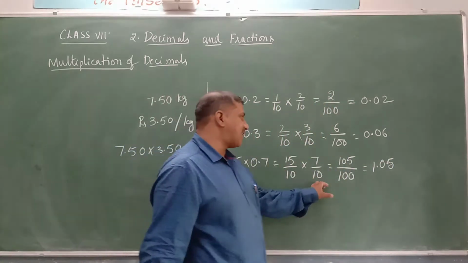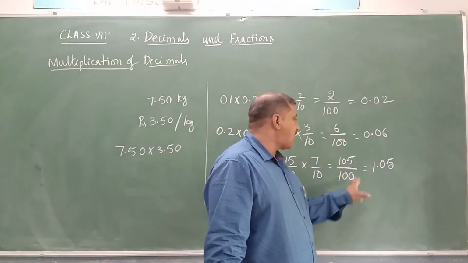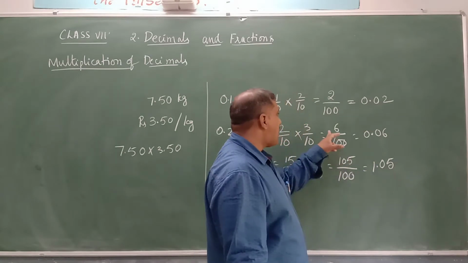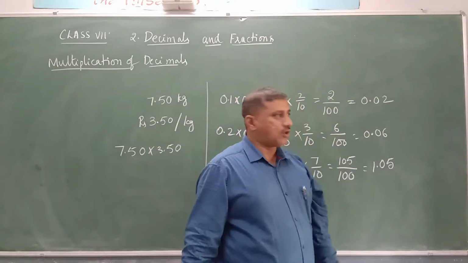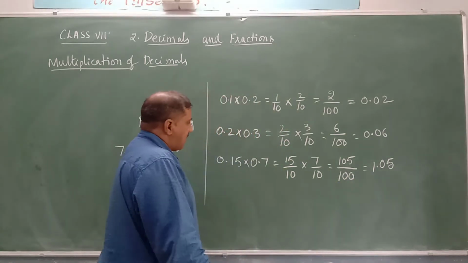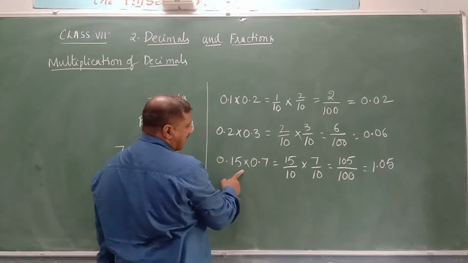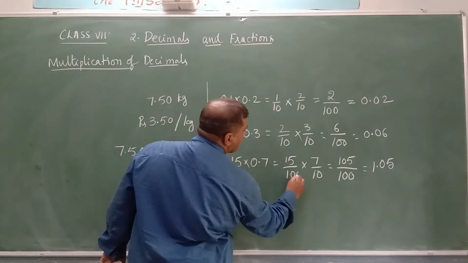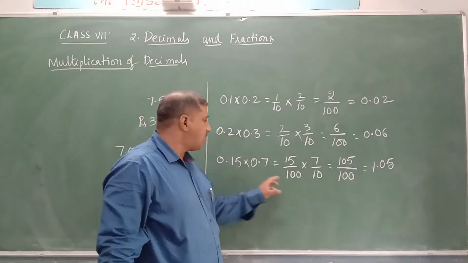Yes, sorry, I'm sorry. 0.15 is written as 15 by 100, not 10, because two digits are there after the decimal point, so two zeros.